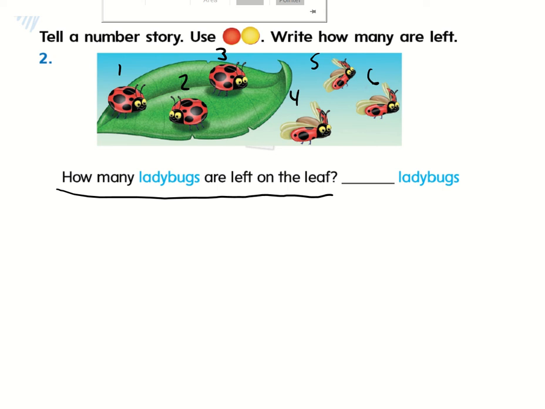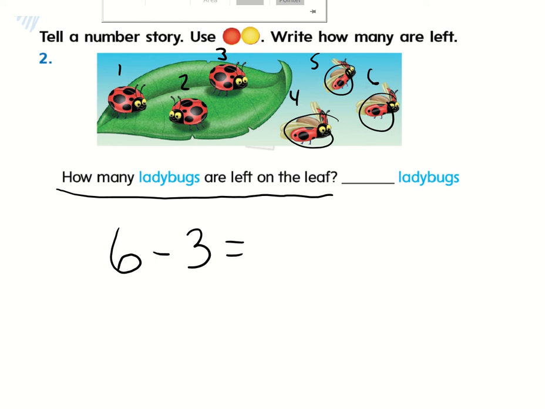So I know I'm starting with the biggest number with subtraction, which is 6. Now I need to take a look up top to see how many are flying off of the leaf. And I know that I have 1, 2, 3 of them that are flying away. So how many do I have left on the leaf?